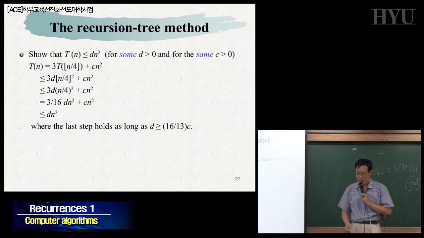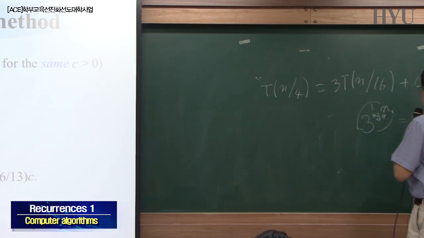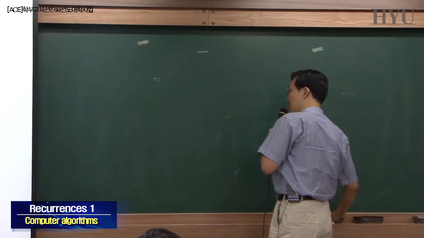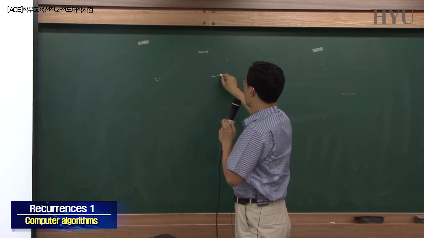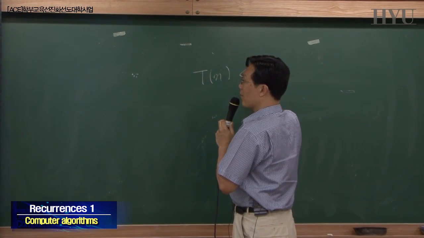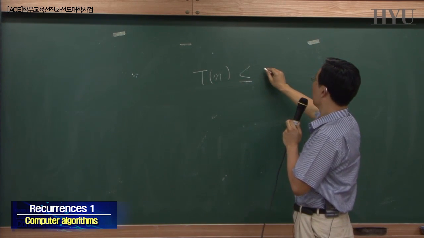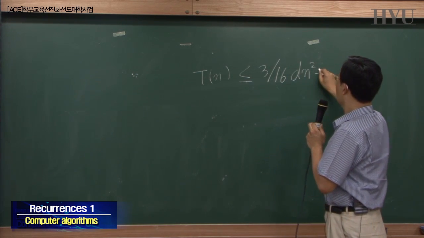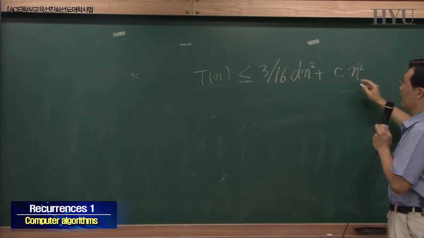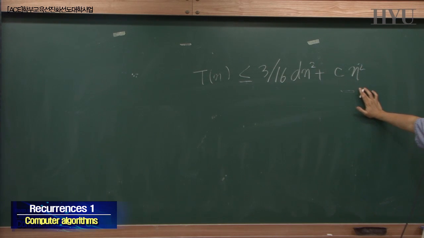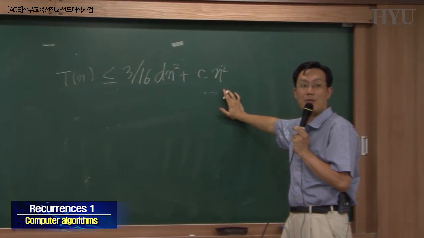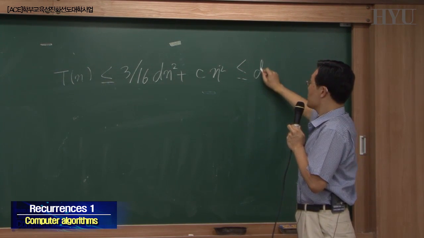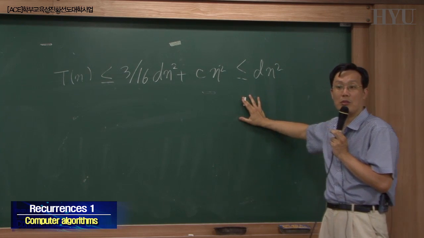So we got this inequality up to now. And what we want to show is this is smaller than or equal to dn squared.